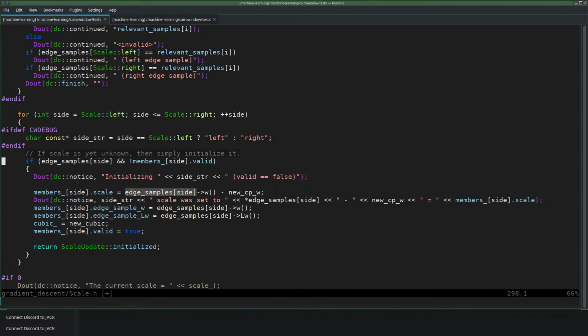The next question is then when to return initialized. What is being done with that?